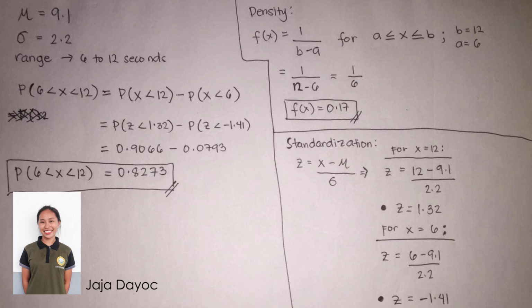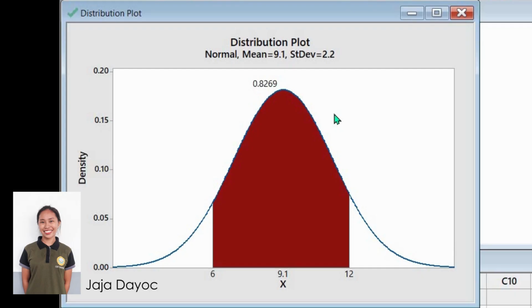And then if you look on the table, we have the probability of z < 1.32 equal to 0.9066, and the probability of z < −1.41 is equal to 0.0793. Then subtracting, we get the probability of 6 < x < 12 equal to 0.8273.